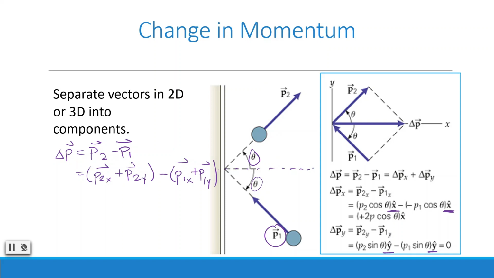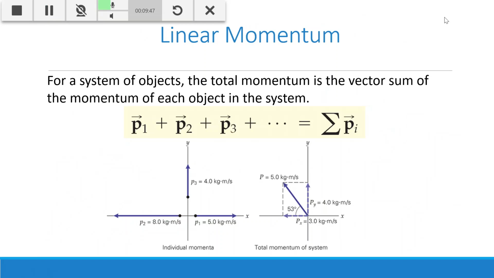So your delta P is going to have a delta P in the x direction, which is P2x minus P1x, and then delta P in the y direction, which is P2y minus P1y.